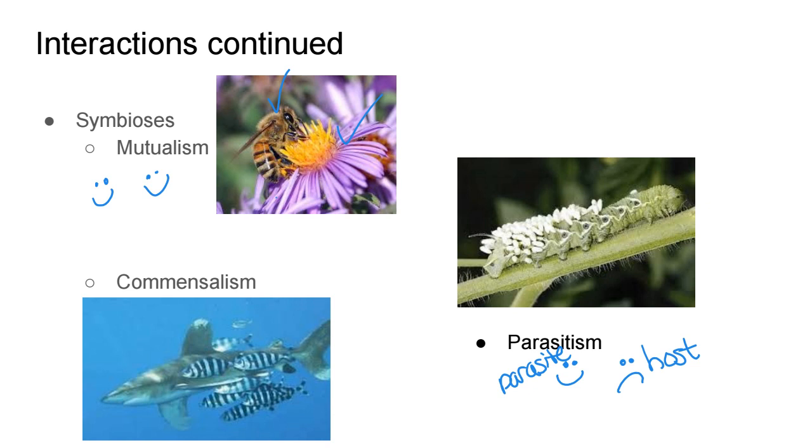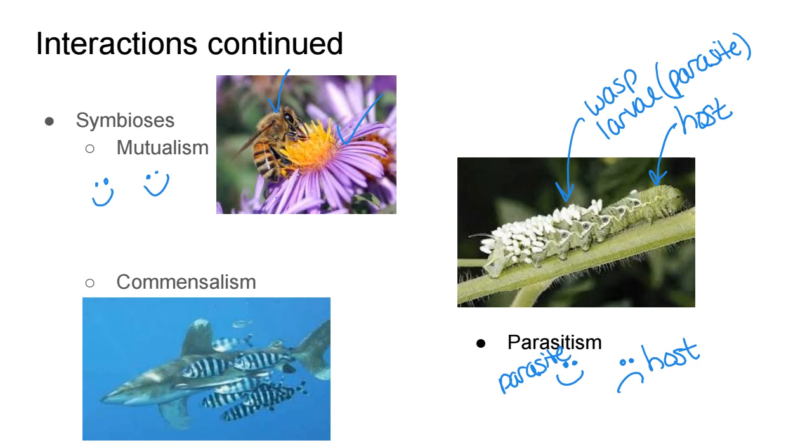So in this example here, we have the caterpillar that is actually acting as the host for all these wasp larvae, which are the parasites. And so those wasp larvae are stealing nutrients from the caterpillar so that they can grow and develop.